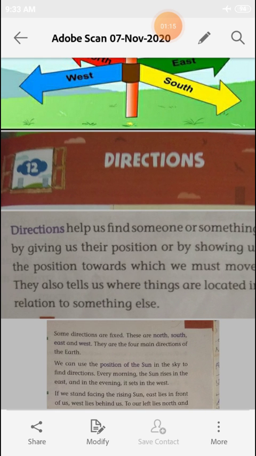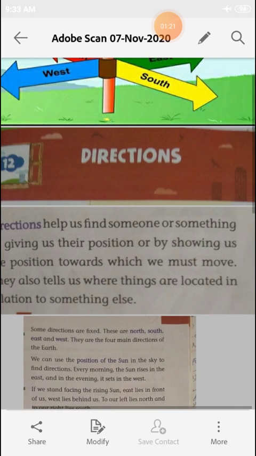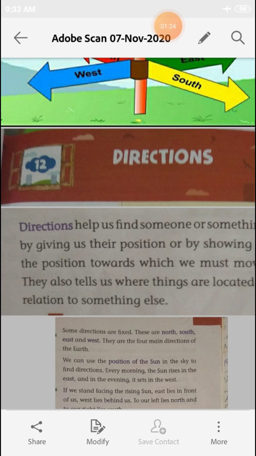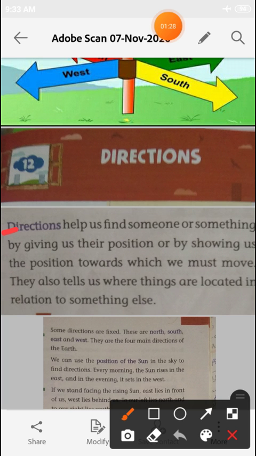Direction helps us find someone or something by giving us their position or by showing us the position toward which we must move. Student, we use direction to go from one place to another.